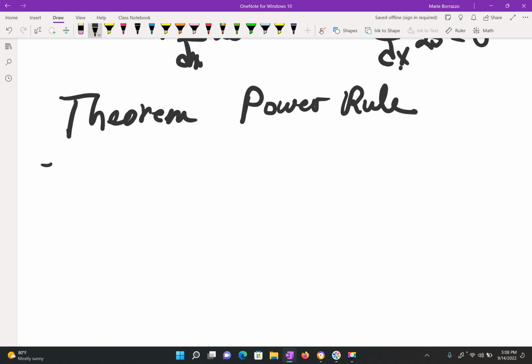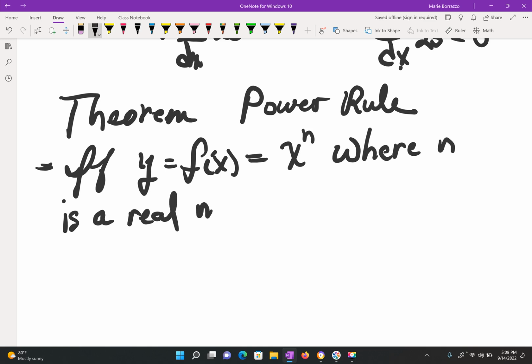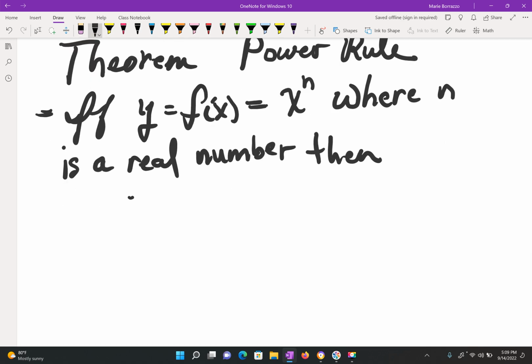So the notes for this are if y equals f of x, and that is equal to x to the n, where n is a real number, then the first derivative of x by notation is the exponent times the constant, and the exponent take away 1, which I've shown you already.